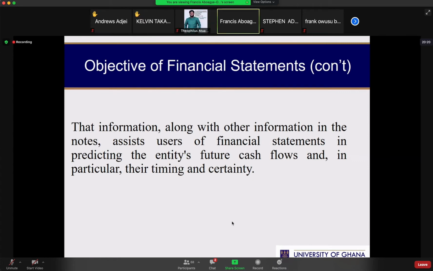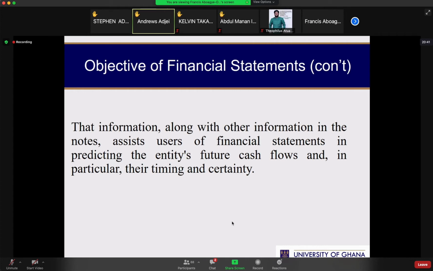Okay. Okay, so the timing, because there's a time value of money. Okay, because there's a time value of money. Yes, Andrew. Well, I think it also helps to properly know when to allocate resources and know when you get the returns. Okay. Yes, Steven.